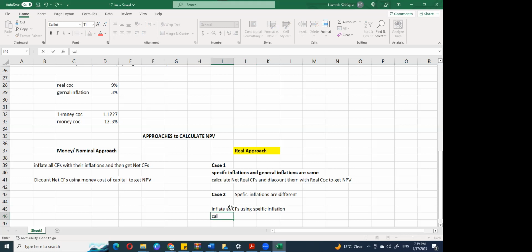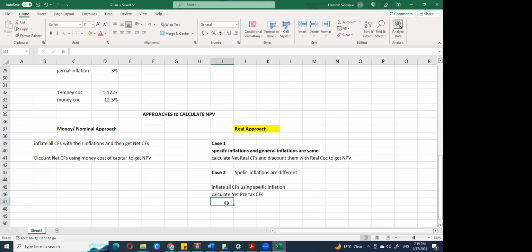calculate net pre-tax cash flows. And then, for money cash flows calculated above.